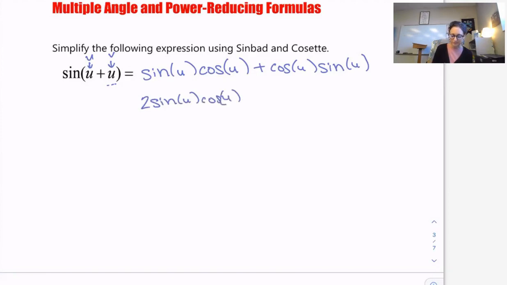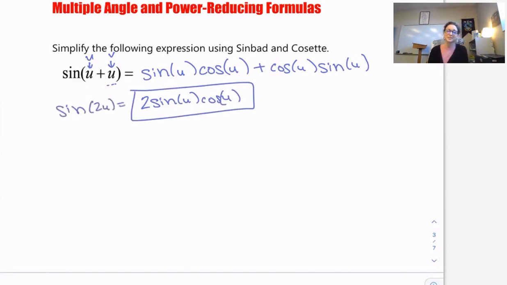And if you'll take a look at your formula sheet for me, that is indeed what we get for sine of 2u, which is u plus u. So that is, again, kind of how we derive sine of 2u. That's a double angle identity, and you can follow the same idea for cosine of 2u, okay?